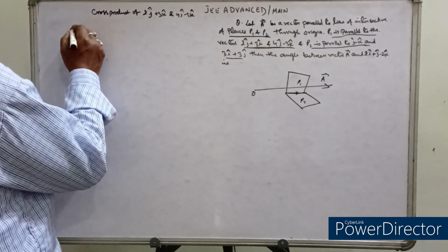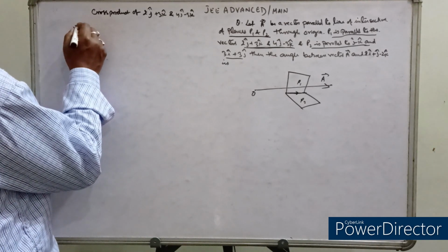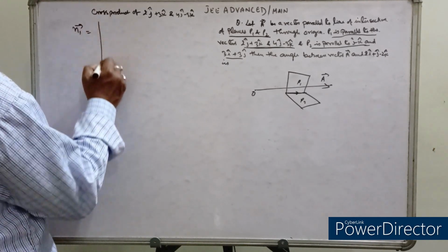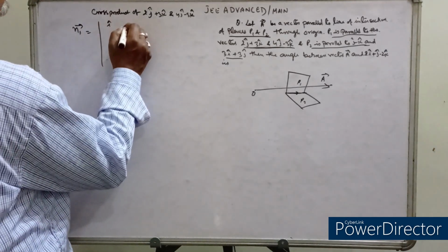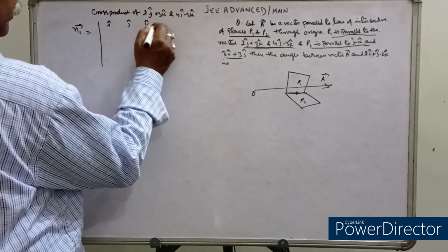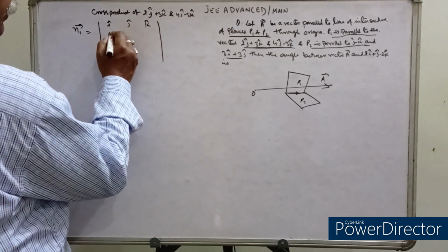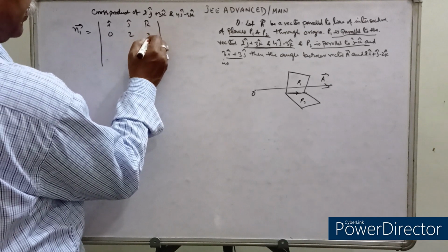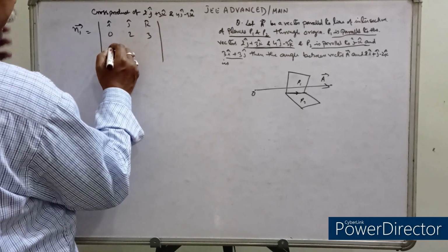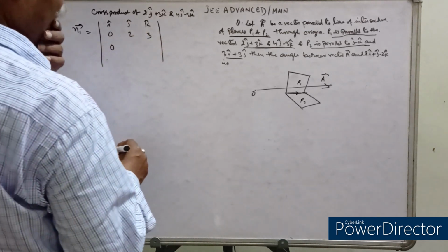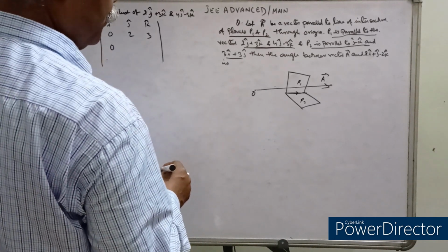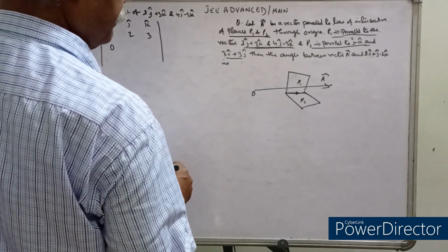So let this be n vector. This will be equal to the determinant with i cap, j cap, k cap, then 0, 2, 3, and 0, 4 j cap minus 3 k cap.